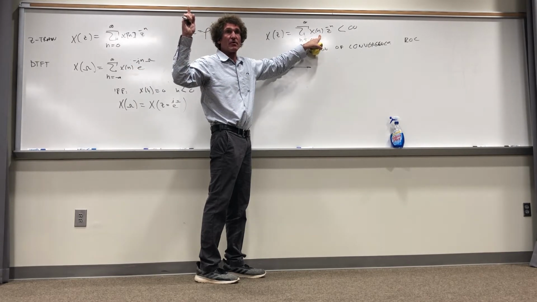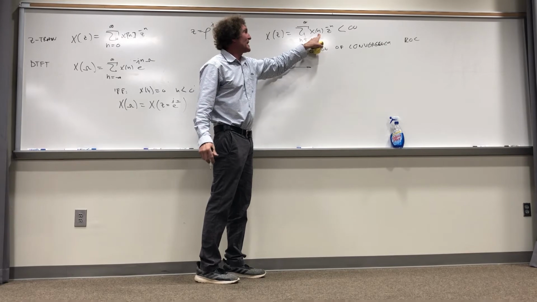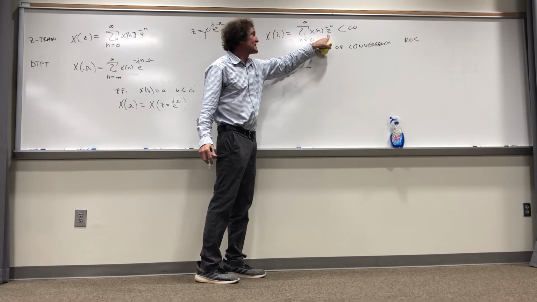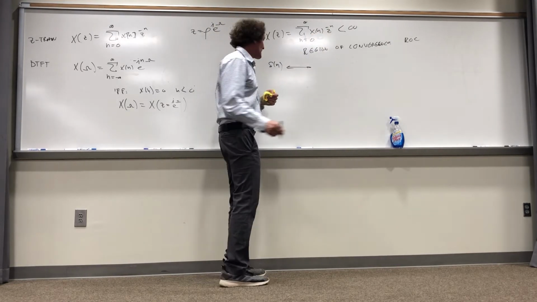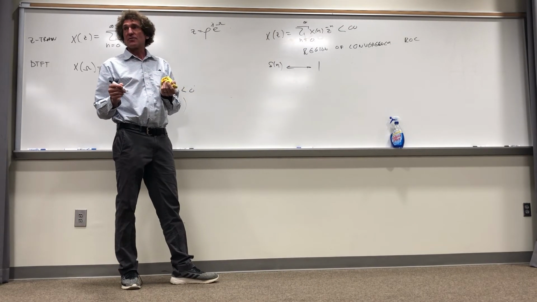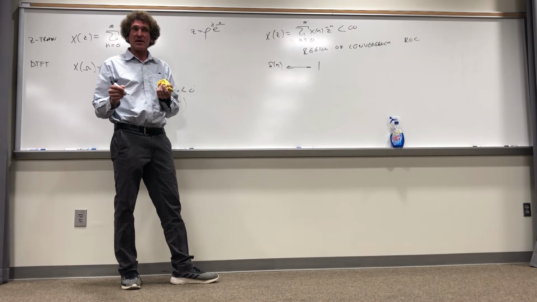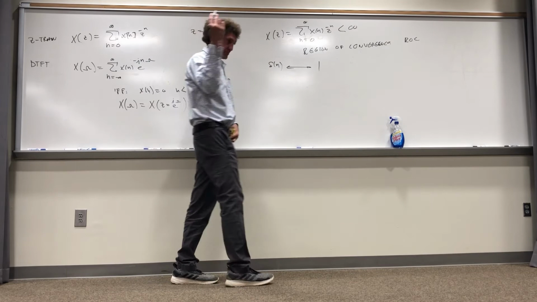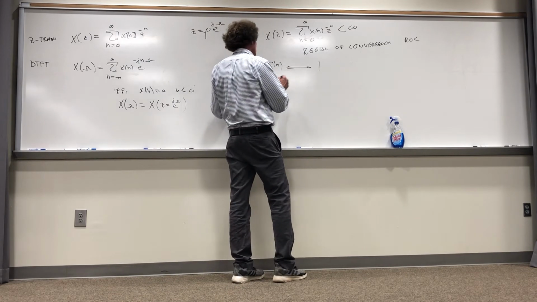This is a discrete, right, folks? So at n equals 0, what's z to the 0? 1. In other words, this is 1. No surprise there. The transform of a delta function almost always is 1. Matter of fact, I can't think of the case it's not. If it's not, then there's something going on that I don't know.